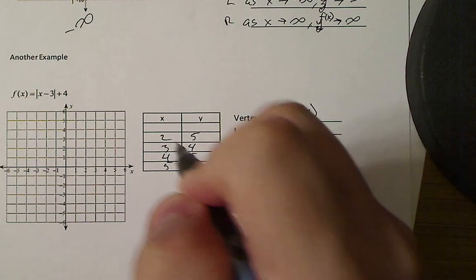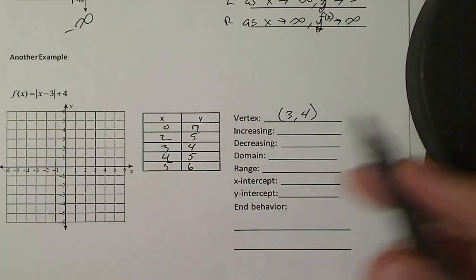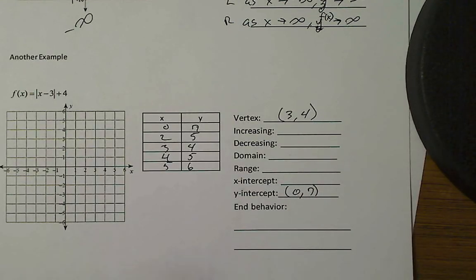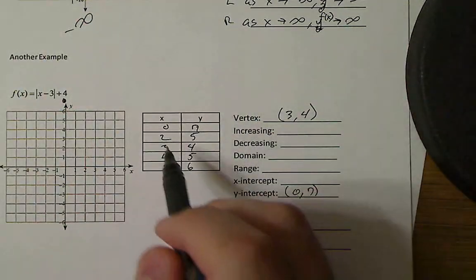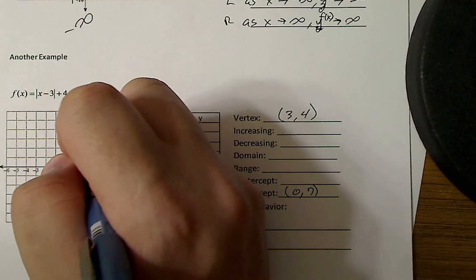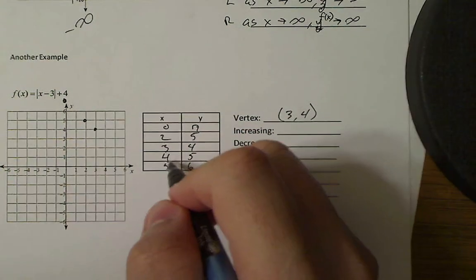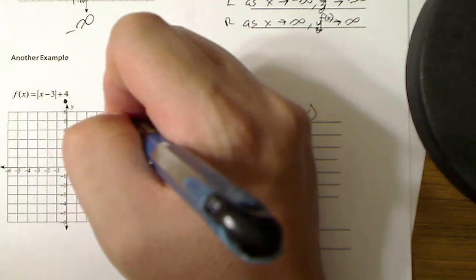And I'm going to put (0, 7), because (0, 7) also happens to be my y-intercept. So when I graph this, I have (0, 7), which is actually off the graph. That's fine. (2, 5), (3, 4), (4, 5), and then the other one is (5, 6), which is right here.